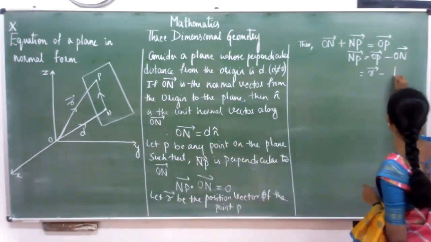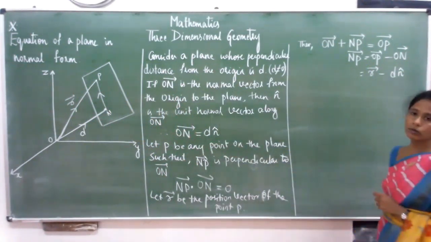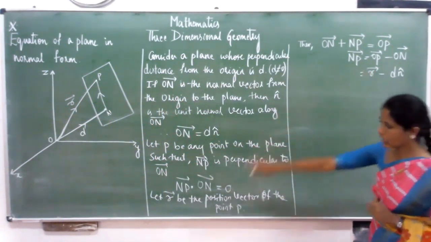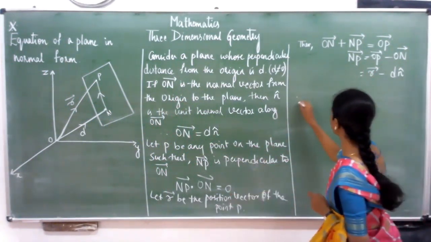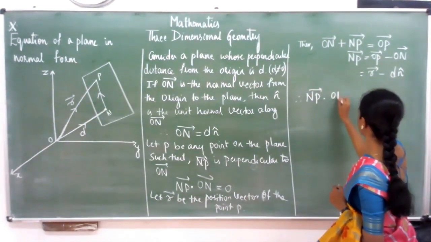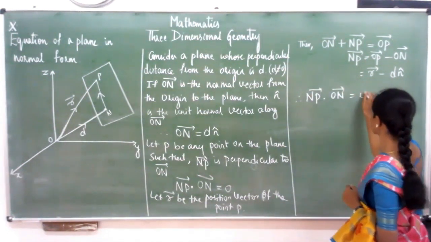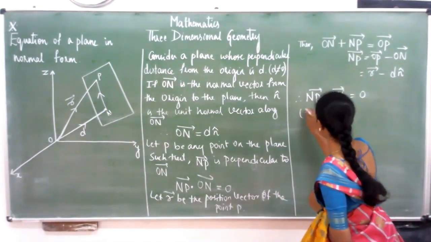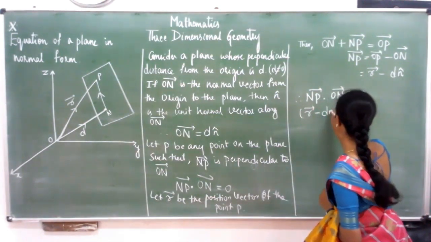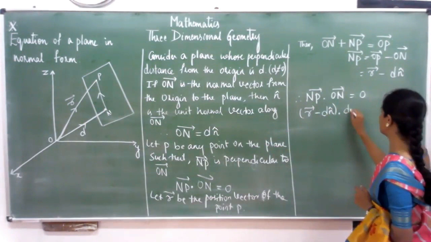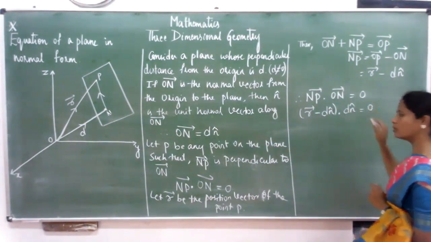We have already seen what vector ON is, which is D into N cap. Now let us substitute this NP in this equation. Therefore, vector NP dot vector ON, which is equal to 0, will now be given as: vector NP, which we found as vector R minus D into N cap, dot vector ON, which is D into N cap, equal to 0.